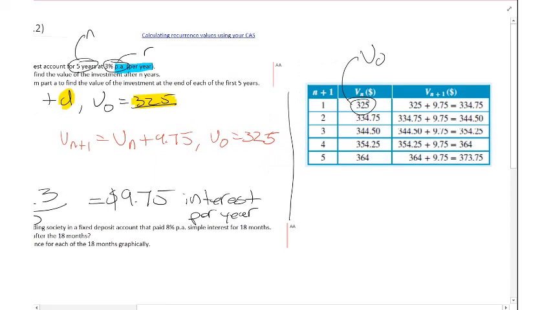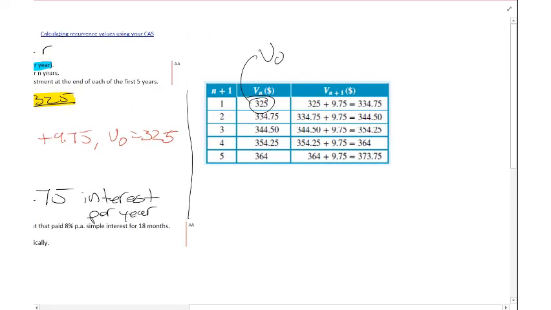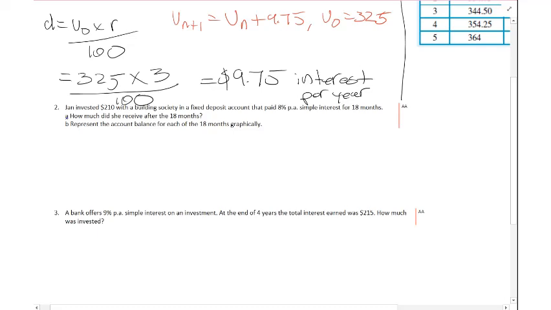Now, as I said in the video you can link to, there are a couple of ways you can do that on your calculator. Pick whichever suits you best and follow that through. As you go through, you'll find out how much you've got after each year. Okay. Let's have a look at number 2.